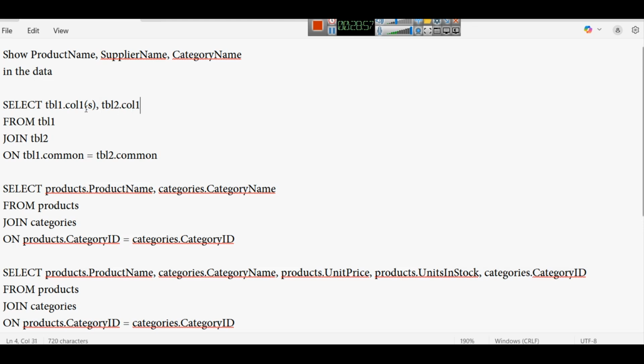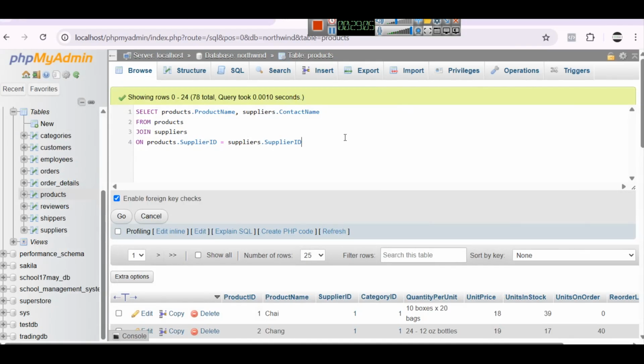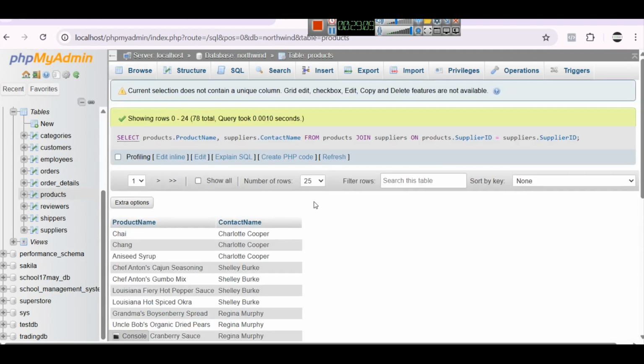In table 2 also you can select any number of columns, but this part will remain like this. First let's run this. So Chai is supplied by Charlotte Cooper, Chang by the same person, and you can see their names.